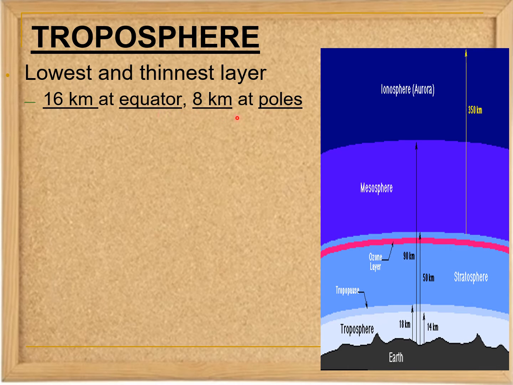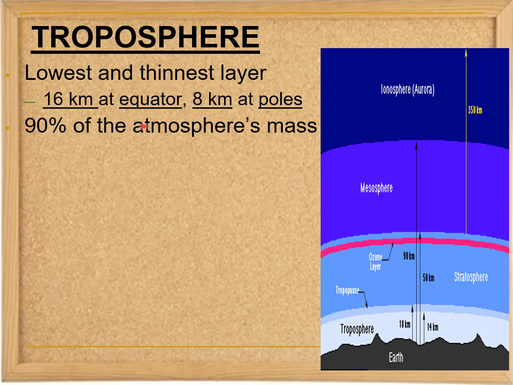However, at the poles, which are colder, the molecules do not move around that much. So if they move very fast and spread apart, that explains why the atmosphere height near the equator is higher compared to the poles.